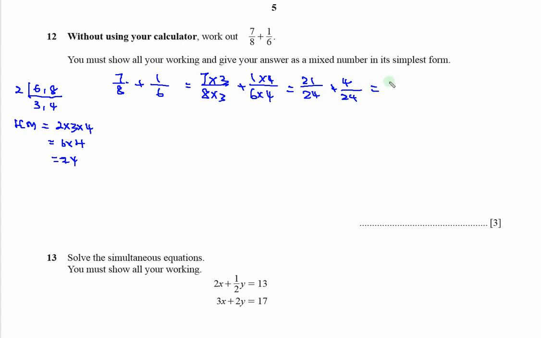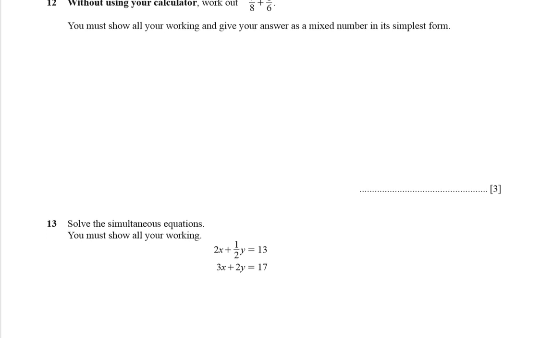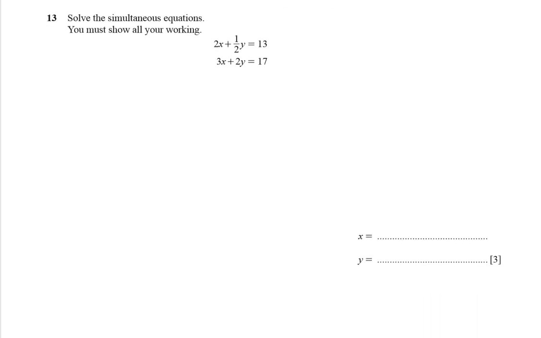That will give you 25 over 24. Converted into a mixed number it is 1 and 1 over 24. Okay, that's it for this. Now let's go to the next number.